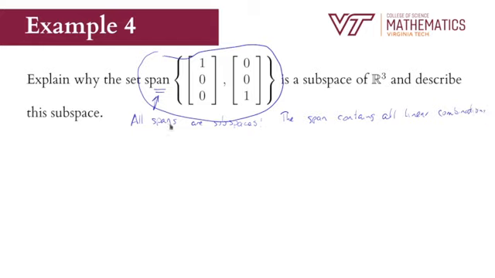So let's sketch this out and see what we're looking at here. We're in 3 dimensions. This is the vector E1, which is 1 unit in the x direction. And this is the vector E3, which is 1 unit in the z direction.